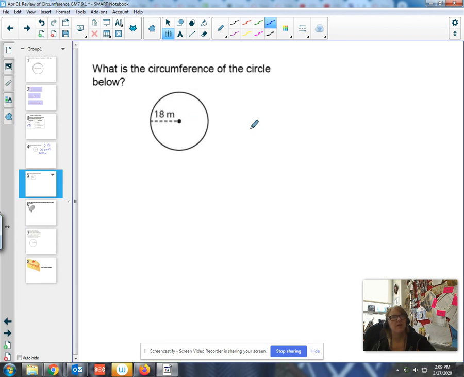Next, what is the circumference of this circle below? 18 meters. Okay. Oh, wait. Oh, your formula says pi times diameter. What do you notice? This is called the radius. It starts at the center, goes to an edge or a point on the circle. That's not diameter. We need the whole thing.